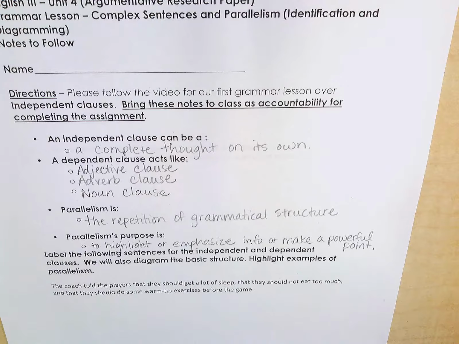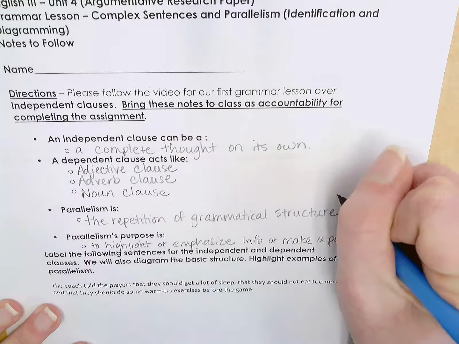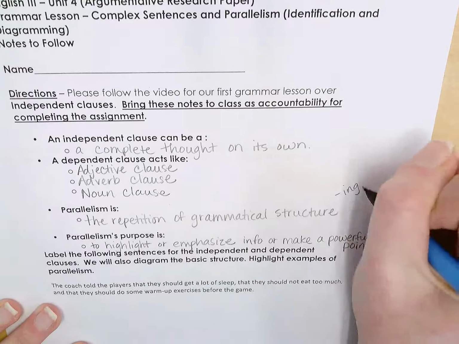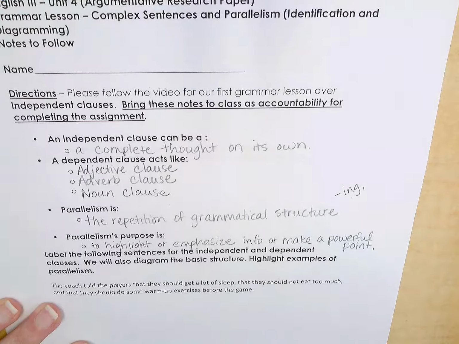So parallelism is the repetition of grammatical structures. So if you see a list of things in a sentence and all of the verbs end in -ing, that would be an example of parallelism.